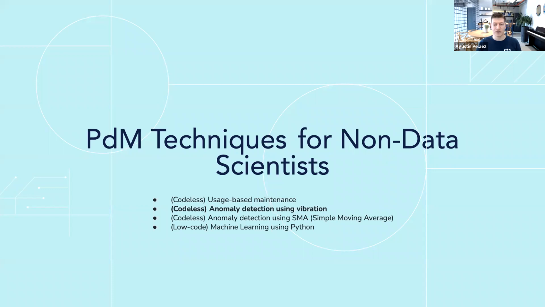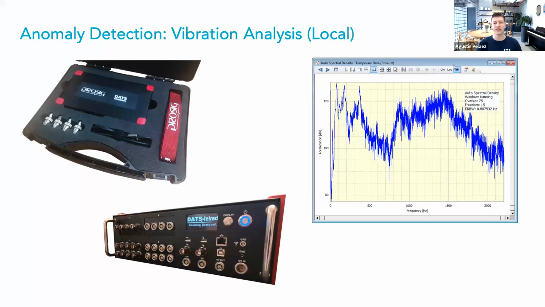Cool. So moving on to our next example. Along the same lines, let's use the same vibration sensor, but in order to know whether something's going on with the machine. Now, if you've been in the manufacturing space for long enough, you will find these devices familiar. These are vibration analysis devices that are used on site.